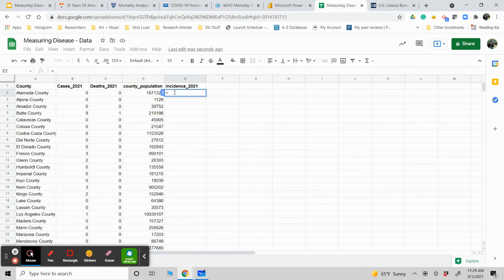So I want to know the number of cases divided by, and I'll click the population. And I include this calculation within these brackets. So press enter.